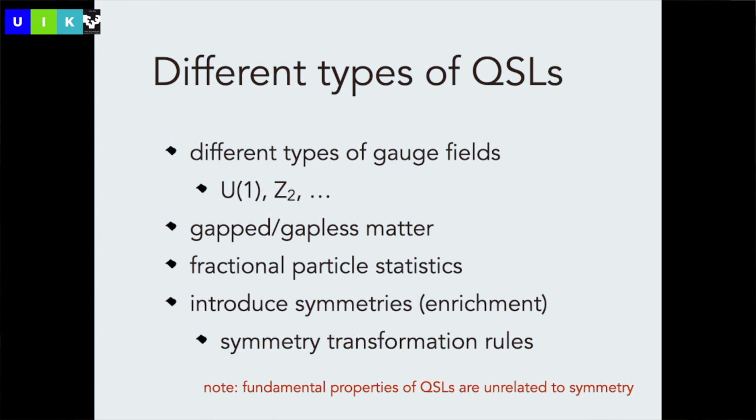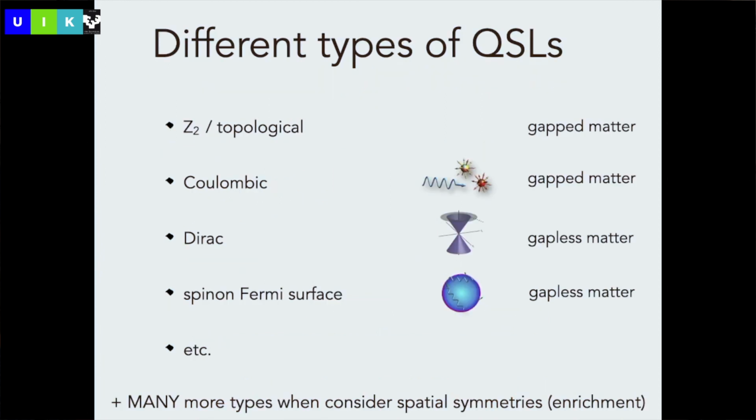And then you can classify the quantum spin liquid further, for example, by how each emergent quasi-particle transforms under these symmetries. But this is not crucial. And so here are a couple of examples.